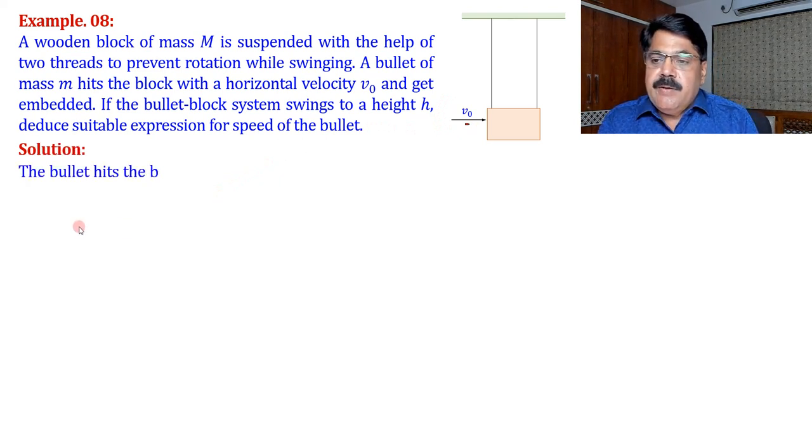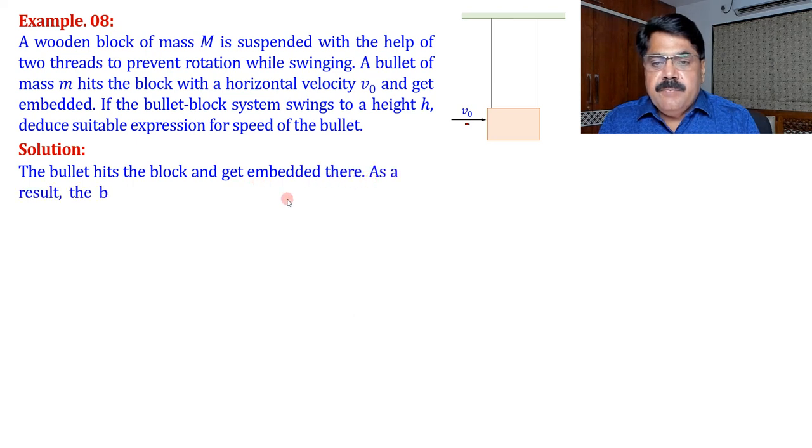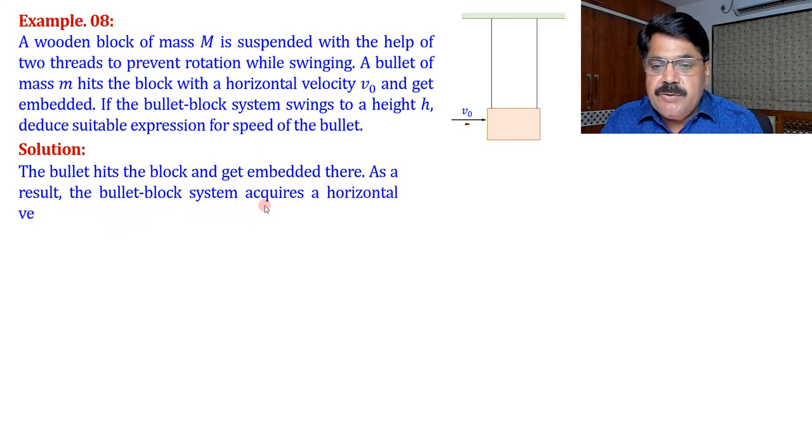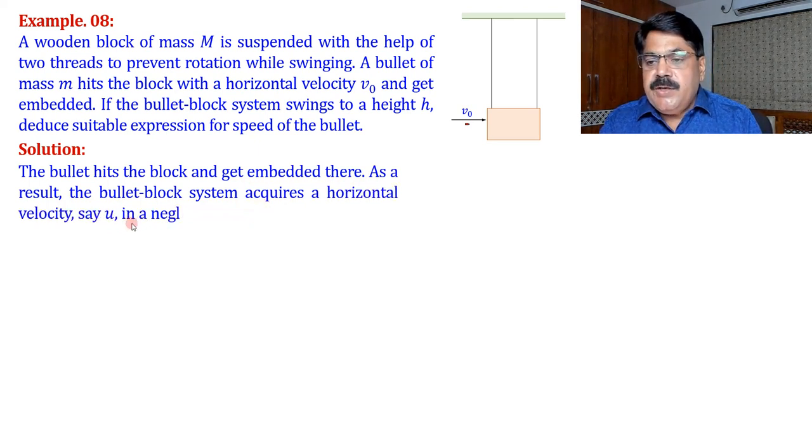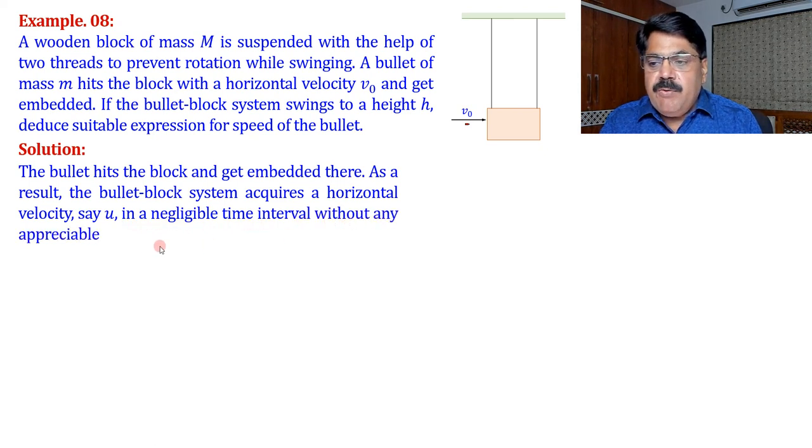The bullet hits the block and gets embedded. As a result, the bullet-block system acquires a horizontal velocity, say u, in a negligibly small time interval without any appreciable displacement.